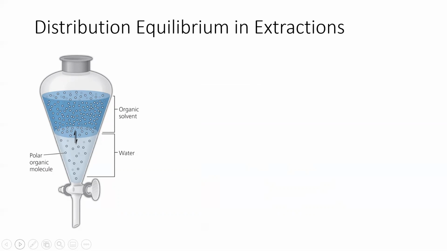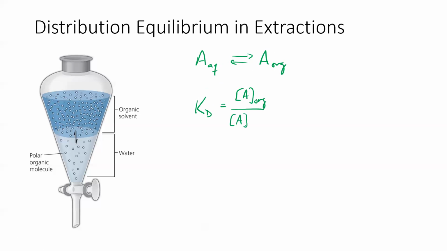If we're talking about A in the aqueous phase, setting up an equilibrium with A in the organic phase, then we get our KD to be the concentration of A in the organic phase divided by the concentration of A in the aqueous phase.